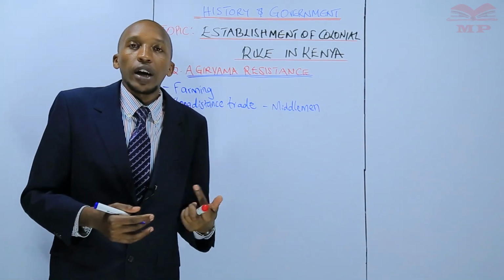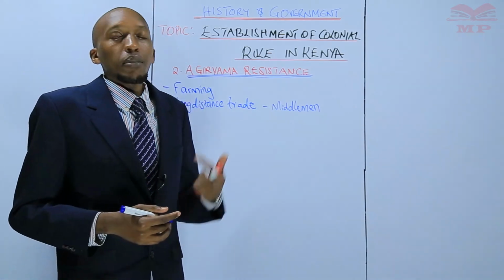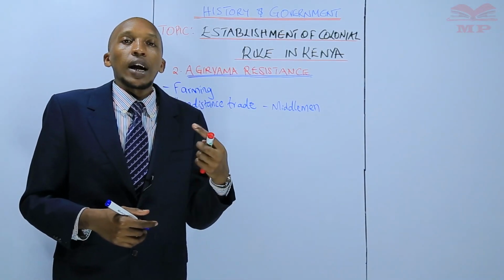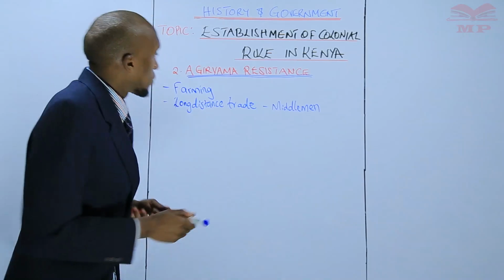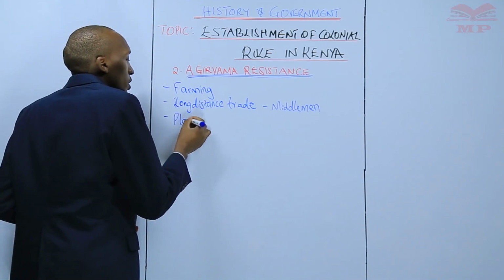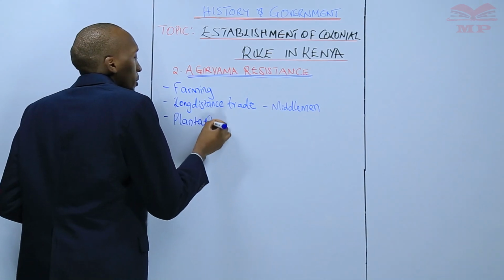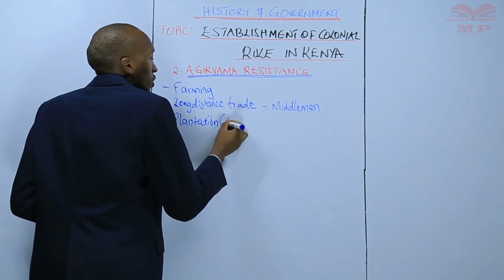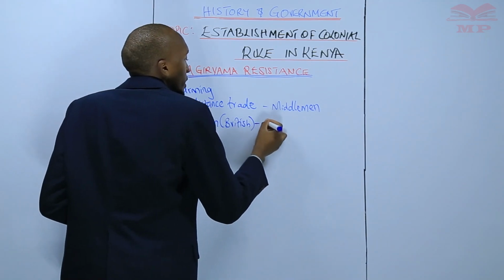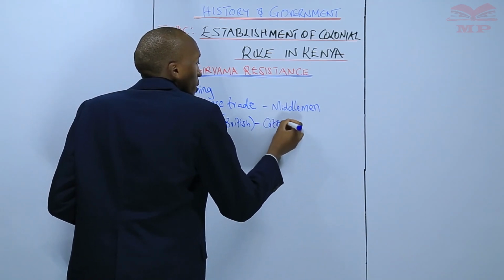But now, with the coming of the British, they established plantations at the coast. They were planting cotton and rubber.